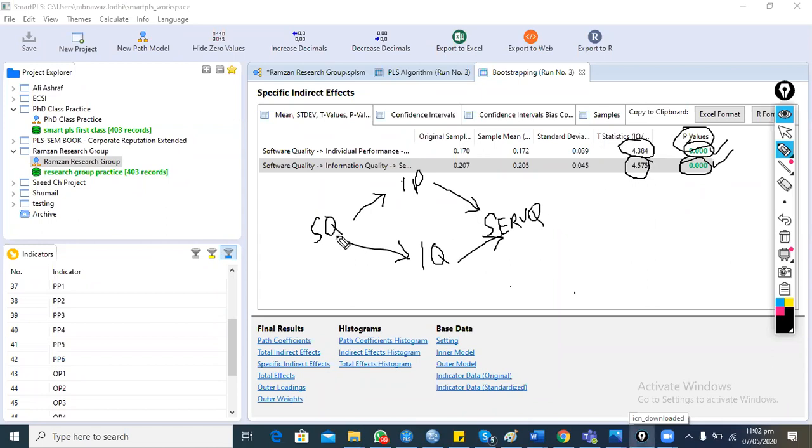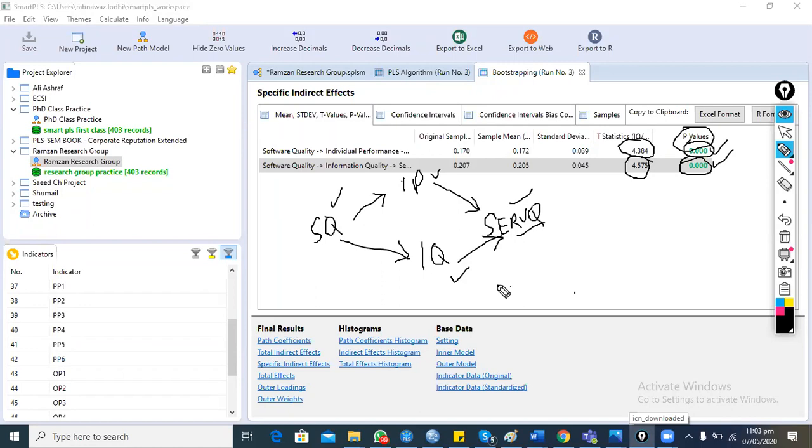So we can say that software quality has an indirect relationship with service quality through the mediation of individual performance and through the mediation of information quality. So both of our mediation hypotheses are accepted with the empirical findings, because our direct relationship is also significant and our indirect relationships are also significant.